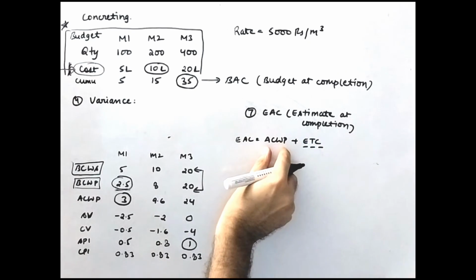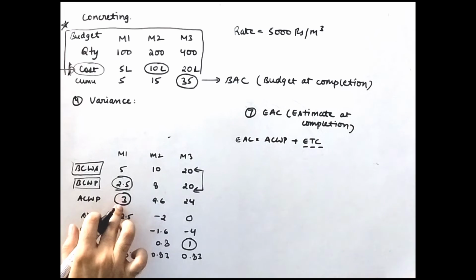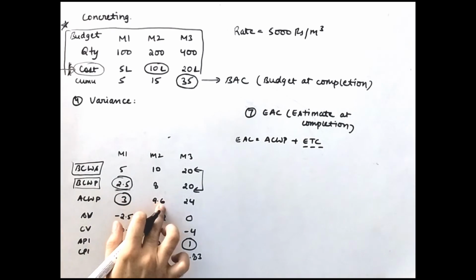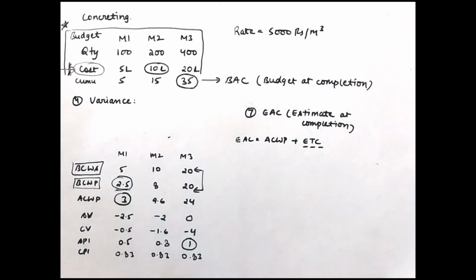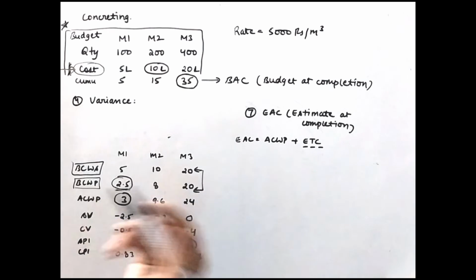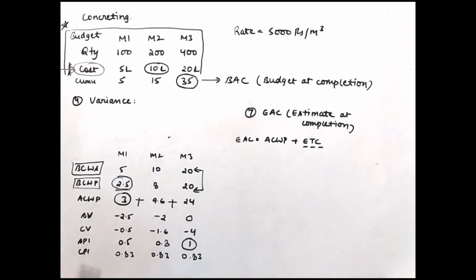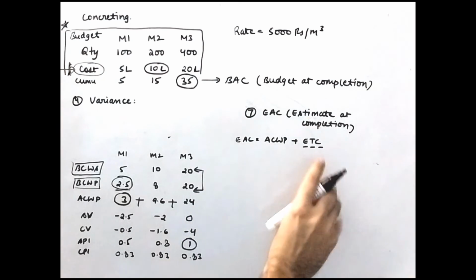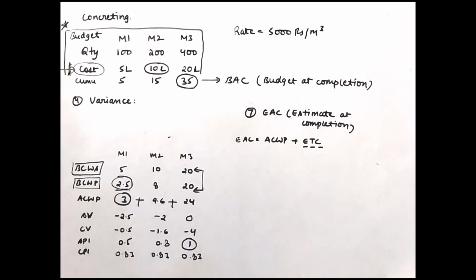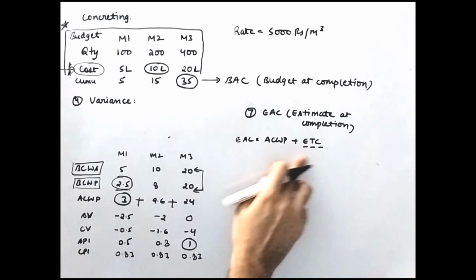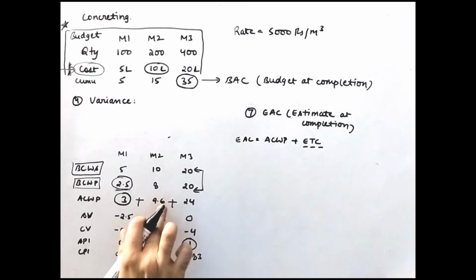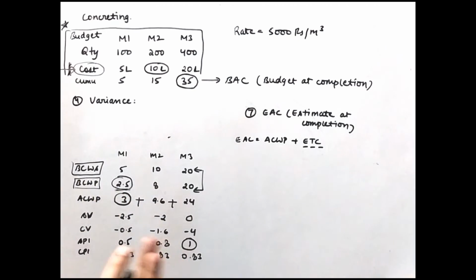Estimate to complete. You know presently what your cost is for the first month, second month and third month. You know the cumulative cost also: this plus this plus this. Now, how to calculate ETC? You can estimate yourself that you'll be completing the concreting work at this particular cost for the rest of the months. So you can simply add your ETC cost to this 24 plus 9.6 plus 3.